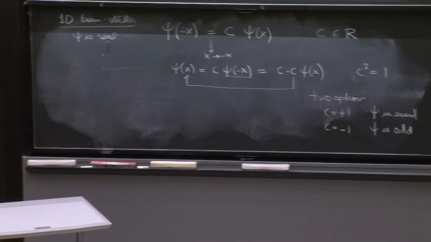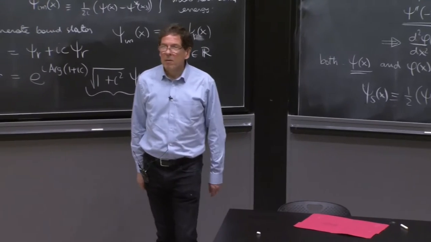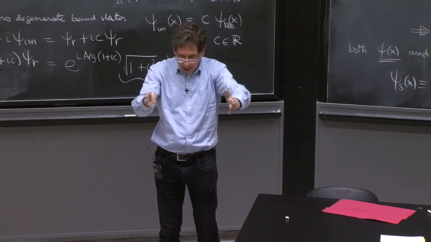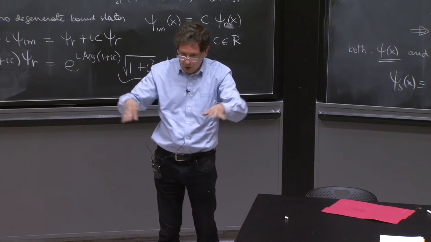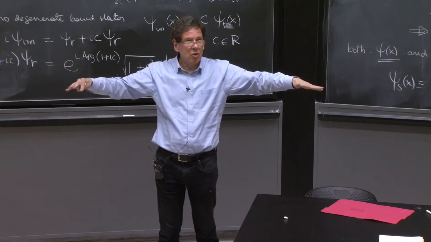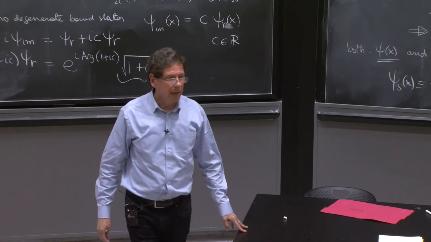So you have no option. You may think that the general solution of a bound state of a symmetric potential could be arbitrary, but no, the solutions come out automatically symmetric or anti-symmetric.